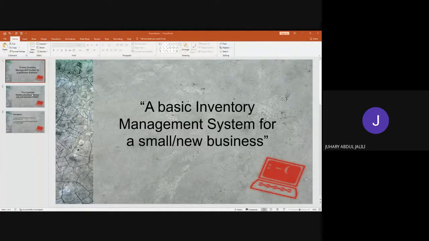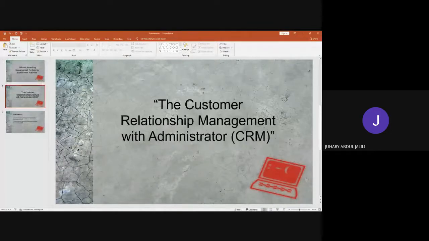The second one po is the customer relationship management with the administrator. Customer relationship management is a project that takes an integrated approach of discovering, gaining, and keeping customers.